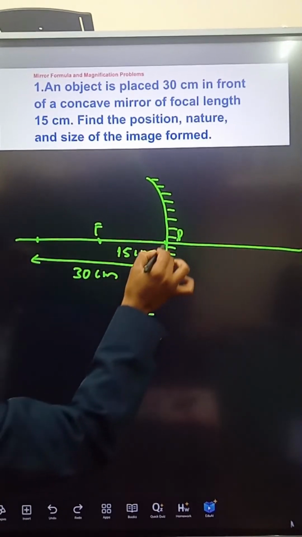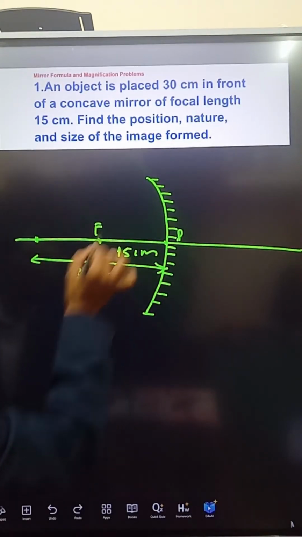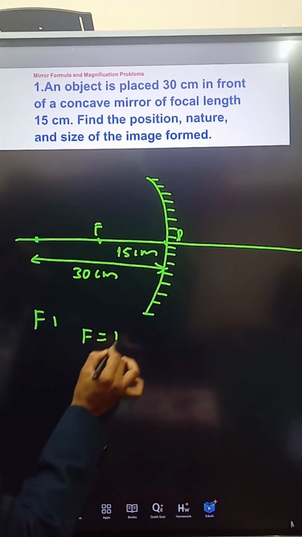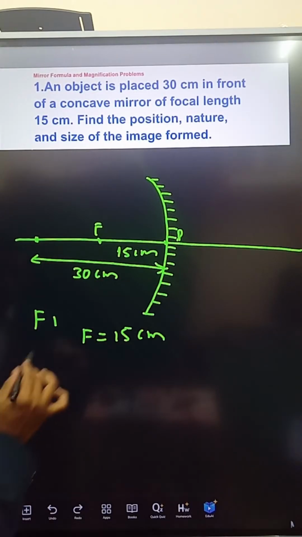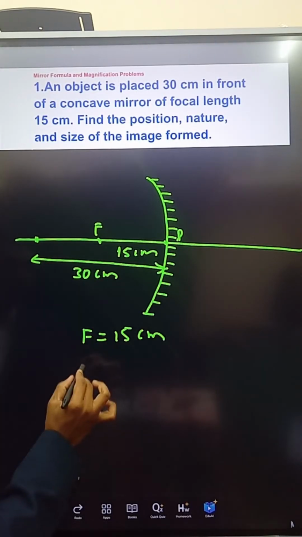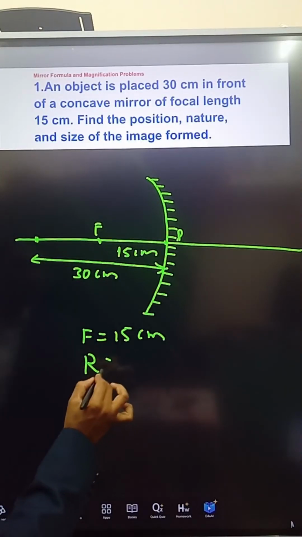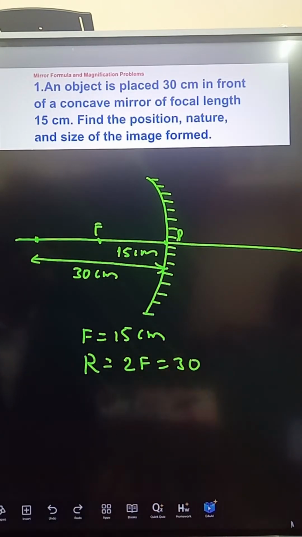Now look at this, from the pole to this, you know already, f is 15 centimeter. So what will be R? R is equal to 2 times f, that is 30 centimeter, right?